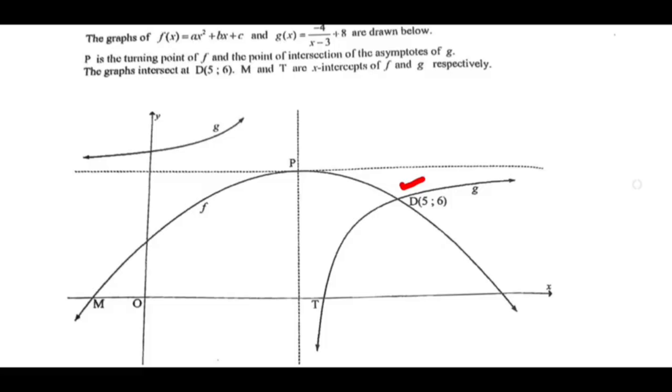M and T are the x-intercepts of f and g respectively. So M and T are the x-intercepts of the parabola as well as the hyperbola. This is the information of the sketch.